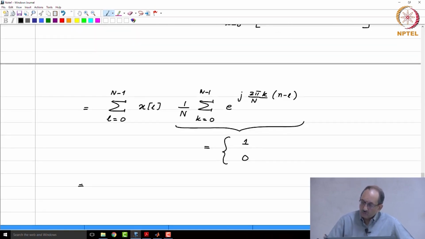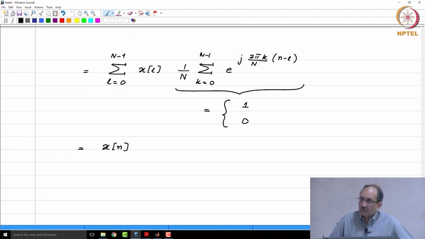Therefore, the only term that will survive will be x of n. All right. So, this indeed shows that you get back x of n starting from this. So, the inversion formula is indeed correct.